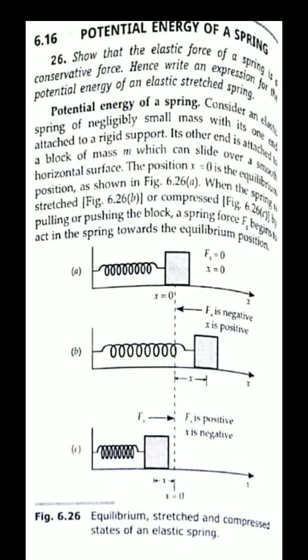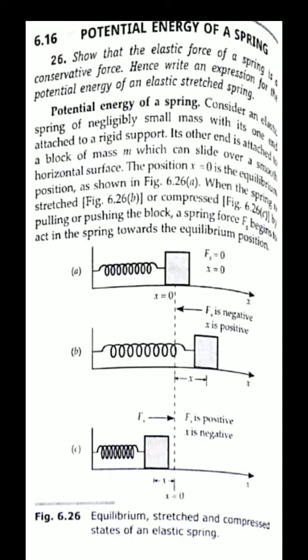The applied force is towards the right side, that means the positive x-axis. But the restoring force will try to return the object back to its original position. That force is called the restoring force. So the restoring force always acts opposite to the applied force.